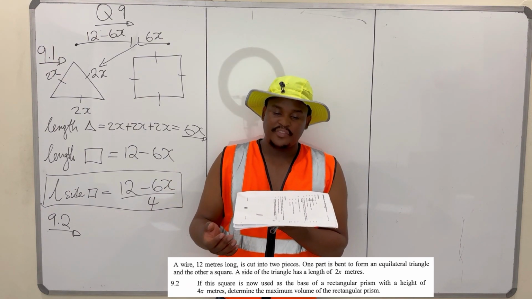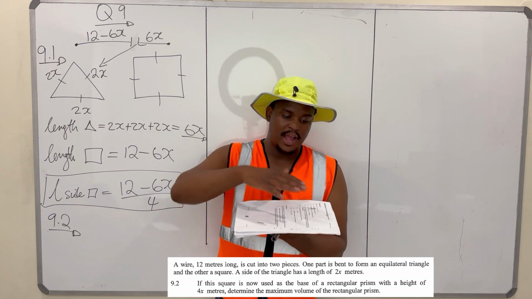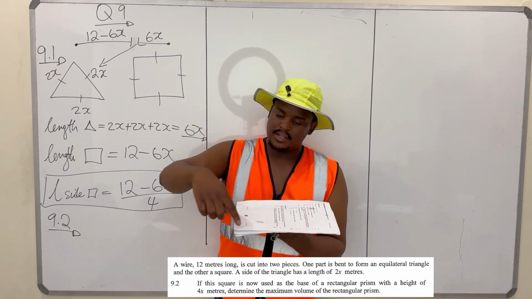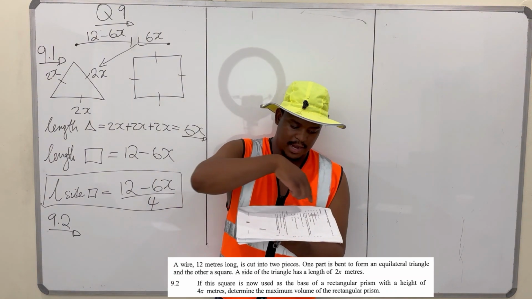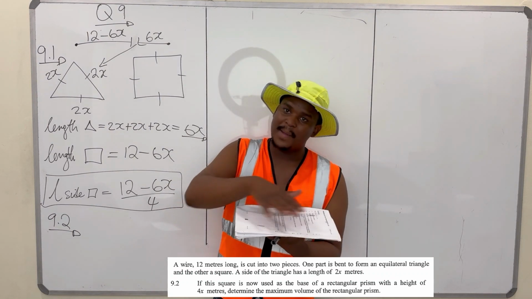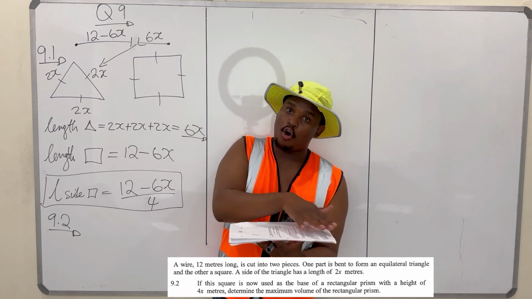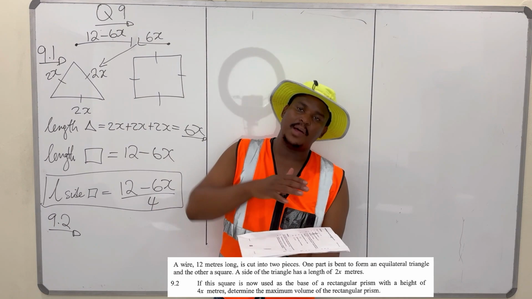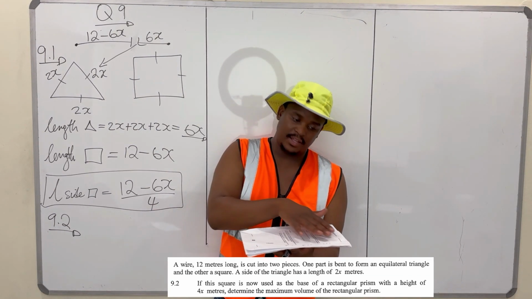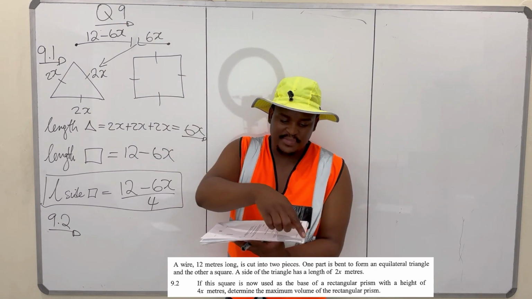If I want to form a rectangular prism, I just need the third dimension, which is the height. This rectangle will form the base, the floor of my rectangular prism. That's what they're saying, that our square forms the base of a rectangular prism.